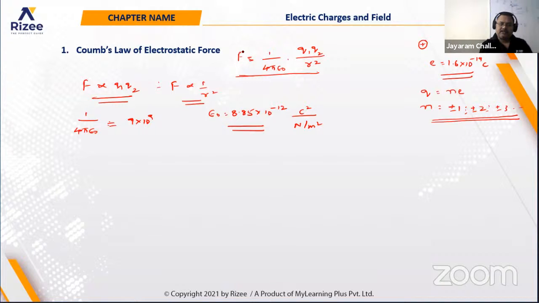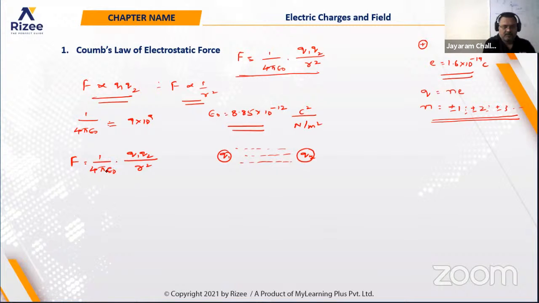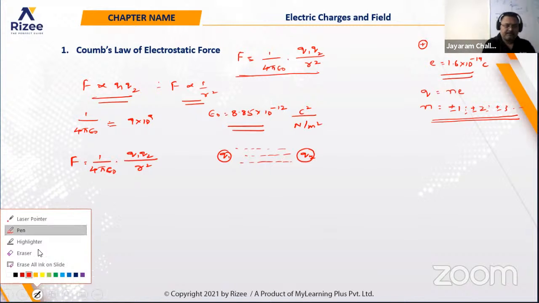If the space between the two charges, Q1 and Q2, is filled by another medium instead of free space, then the force will be written as F is equal to 1 by 4 pi epsilon into the product of the charges by r square. Now this is not epsilon naught; it will be only epsilon here, please.